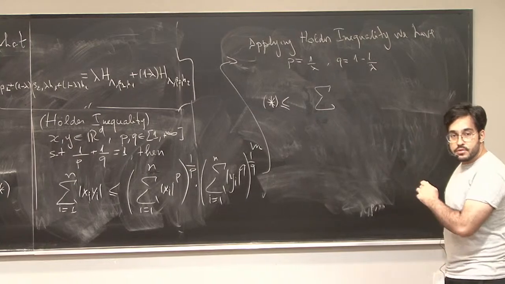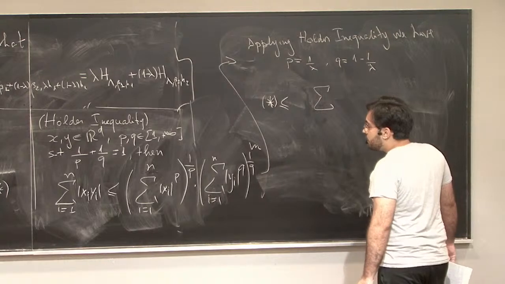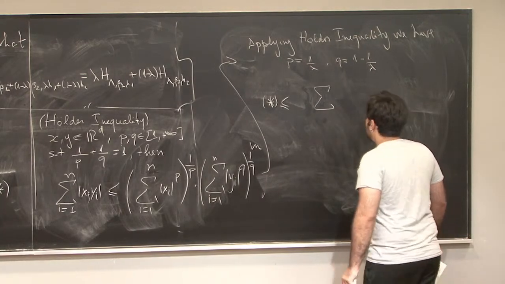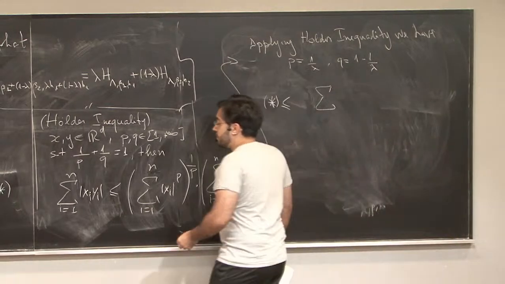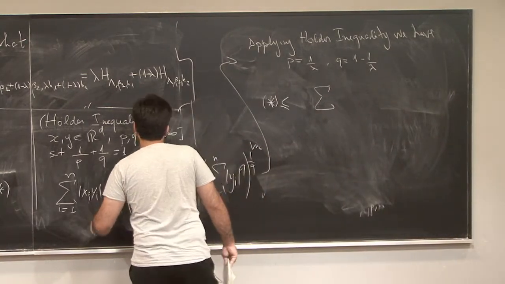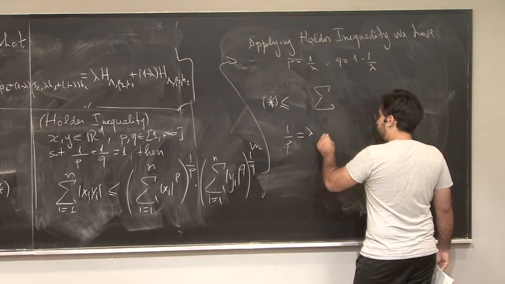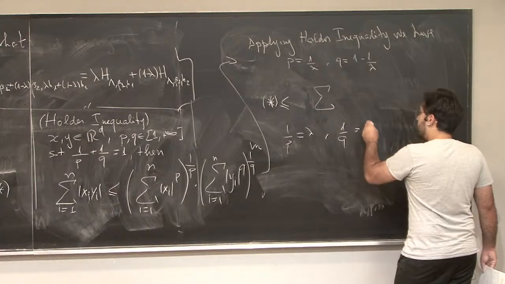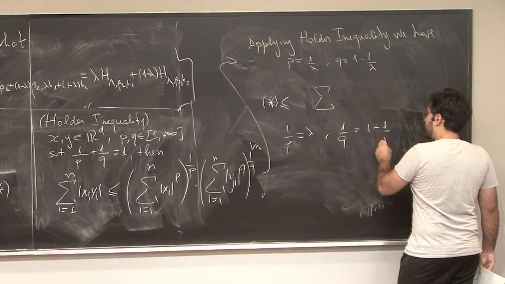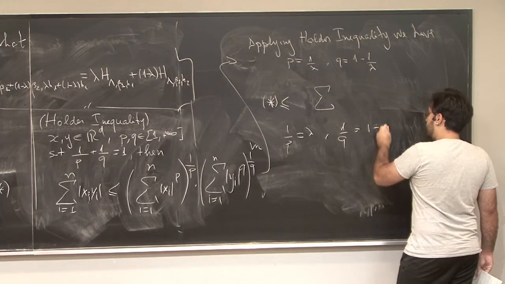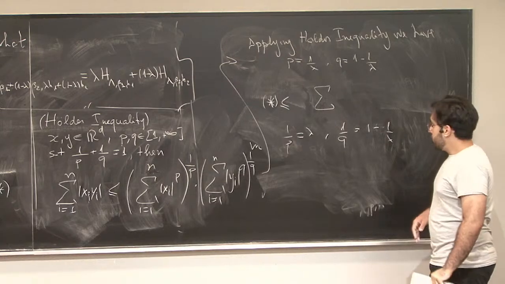Is there a problem with this choice? Okay, so the thing is, wait, just a second. So 1 over P should be lambda, okay? So 1 over Q should be 1 minus 1 over P, and P is 1 over lambda.